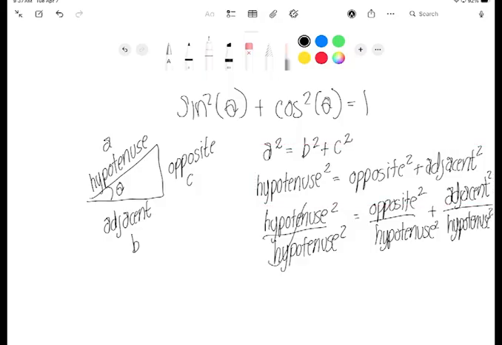So we know this becomes 1. So then we know that opposite over hypotenuse is equal to sine. So we have 1 squared equals sine squared of theta plus cosine squared of theta. Following that relationship.